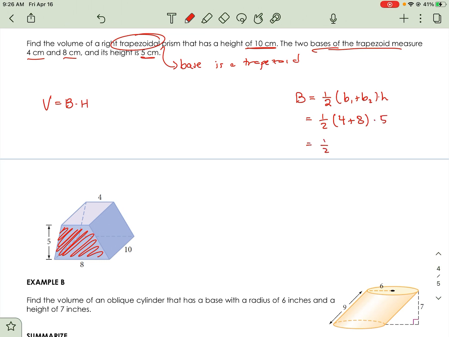So we have 1/2 times 12 times 5, which gives us 30. So the area of the base of this trapezoidal prism is 30 times the height. It tells us that the height of the prism is 10 centimeters. So we get 30 times 10, which is 300 cubic centimeters.